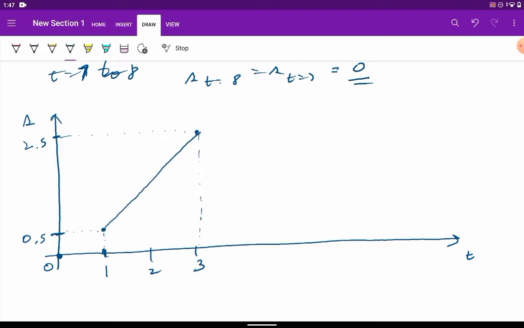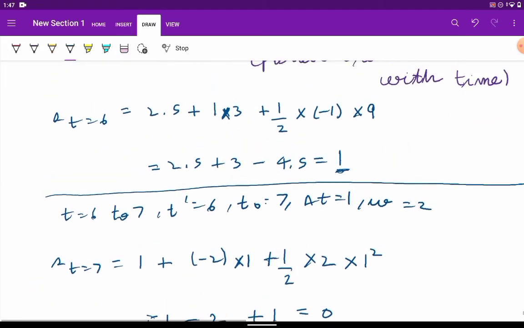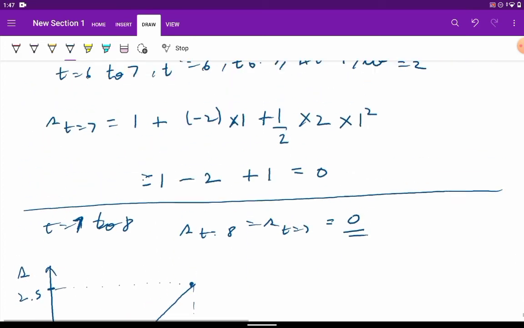Now the velocity at t equal to 1, 2, and 3 are all the same, so there will be no breaks in the slope. Essentially this will just smooth out. Goes like this and smooths out. Okay, fine. Now we have it till t equal to 3.